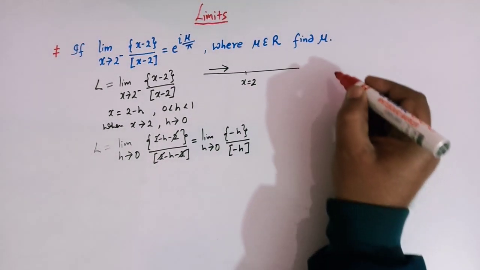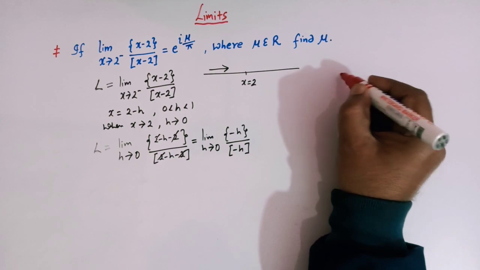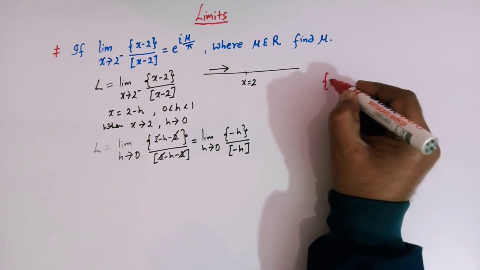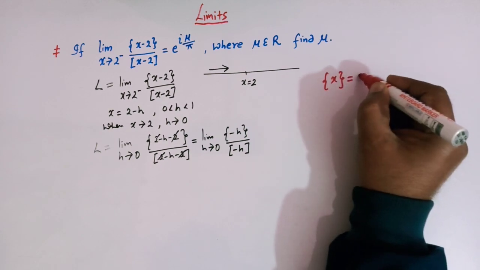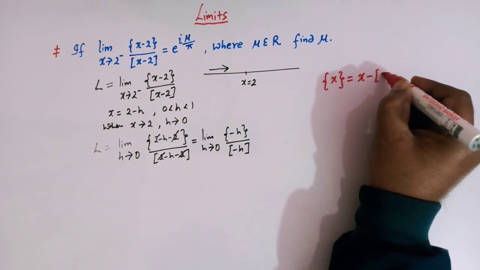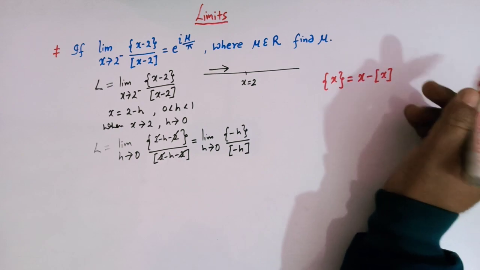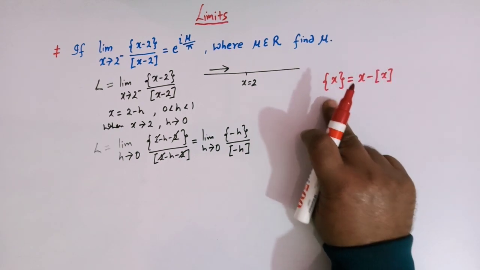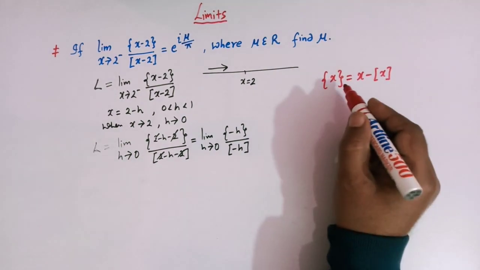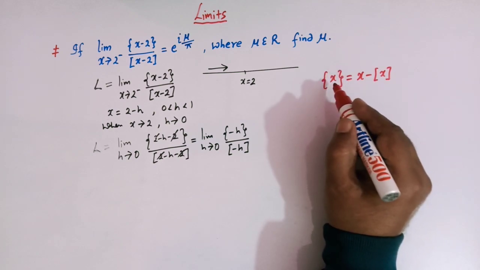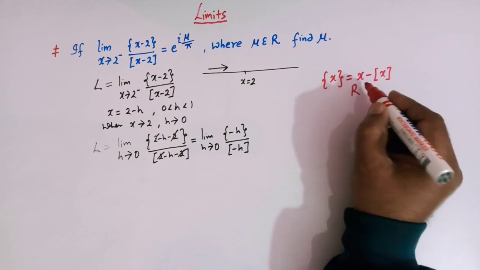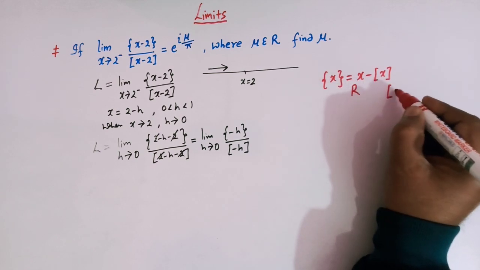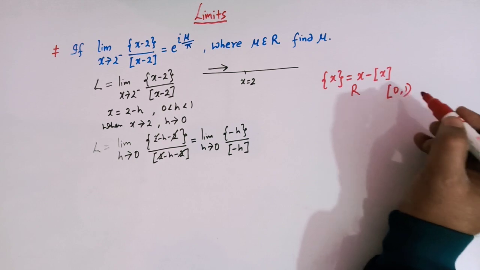So now we know the definition of fractional part function, that is fractional part of x, which is given by x minus greatest integer of x, right? So this is the definition of fractional part of x, and we know that the domain of fractional part of x is the set of all real numbers, and the range is from 0 to 1, right?